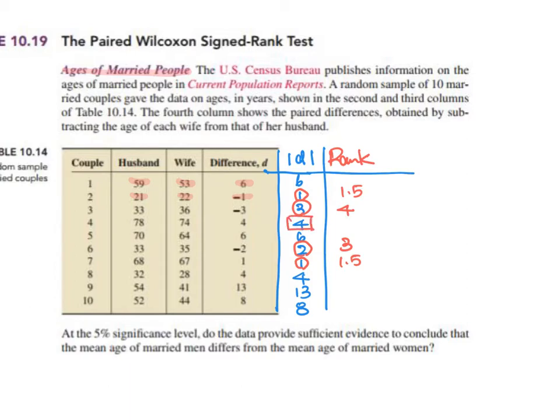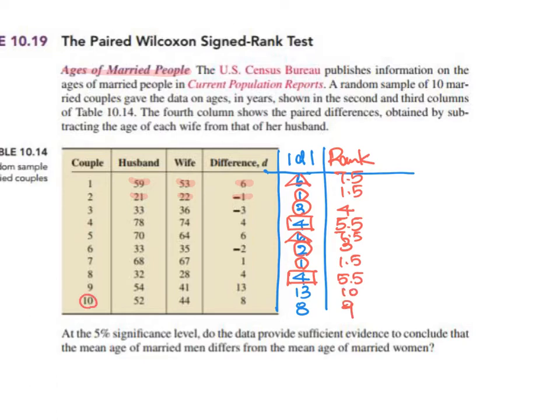The age difference 4 will be ranks 5 and 6, so the average is 5.5 and 5.5. The next one, the difference 6, will be ranks 7 and 8, so it's 7.5 and 7.5. The next will be rank 9 and rank 10, because we have 10 couples.